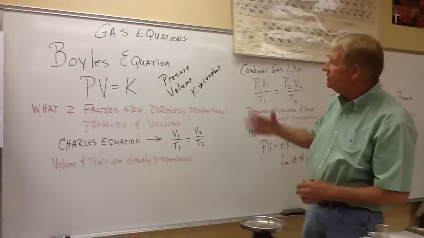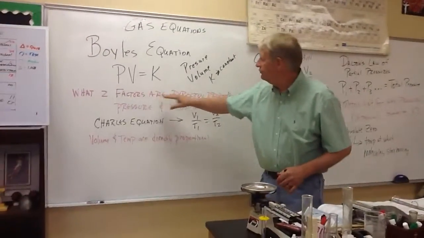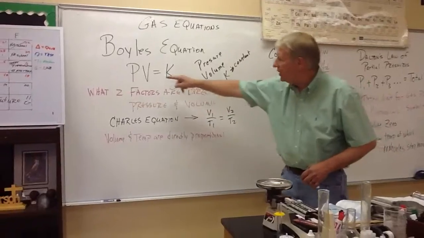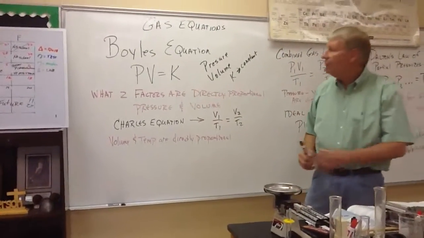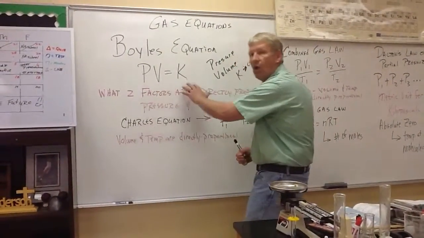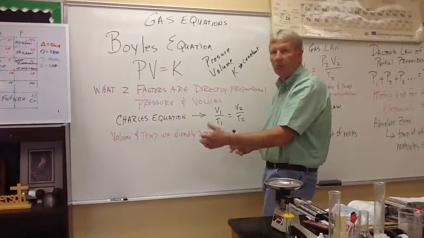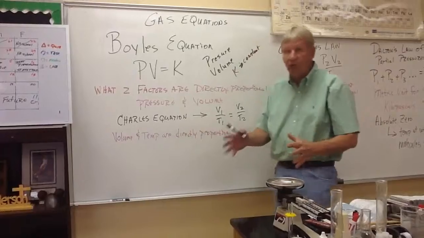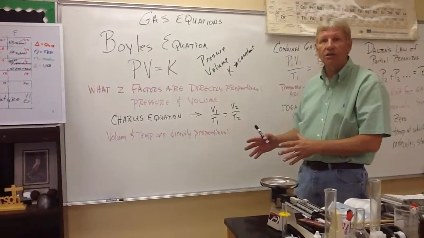The question we ask ourselves is, what two factors are directly proportional in Boyle's equation? It's pressure and volume. If I know the pressure and the constant, I can calculate the volume. If I know the volume and the constant, I can calculate the pressure. If I know the pressure and the volume, I can determine the constant.